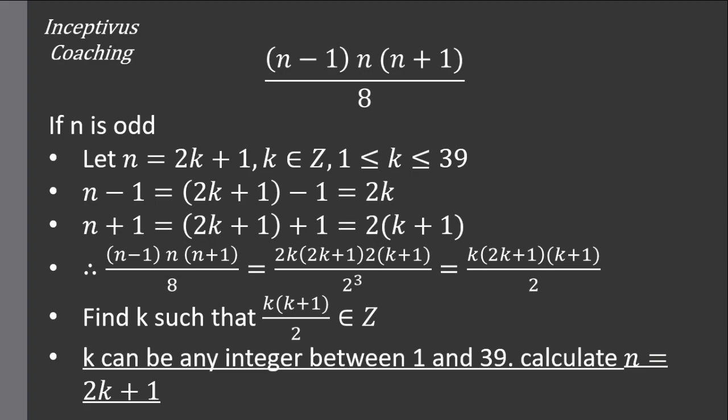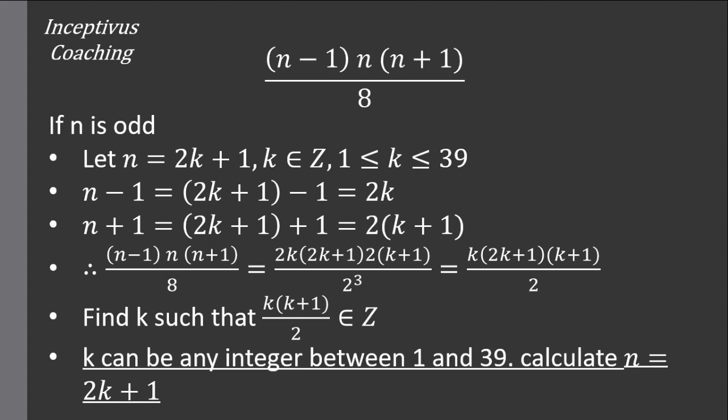You're left with k times (2k plus 1) times (k plus 1) divided by 2. And we know that 2k plus 1 is an odd number, therefore it can never be divisible by 2. So you just need to find a k such that k times (k plus 1) is divisible by 2. If you pay attention, k and k plus 1 are 2 consecutive integers, and if 2 integers are consecutive, one of them must be even and the other must be odd.